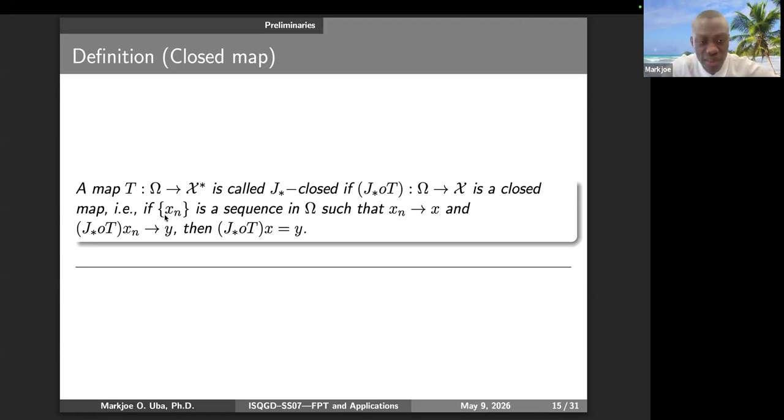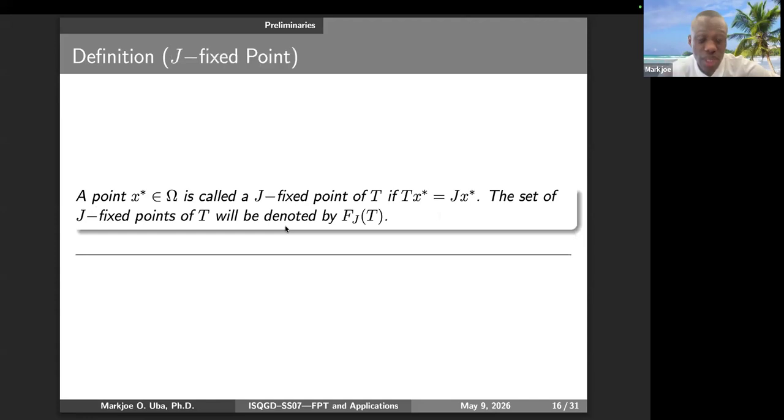So that is, if we have a sequence in this set such that it converges to this, then if we compose T with this inverse, it should go to Y, and then this will be true. So this is what we mean by J closed maps, J star closed maps.